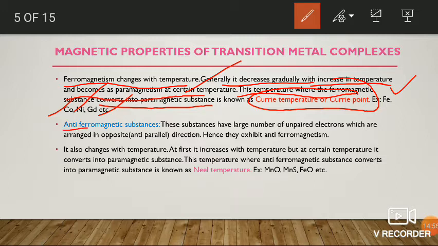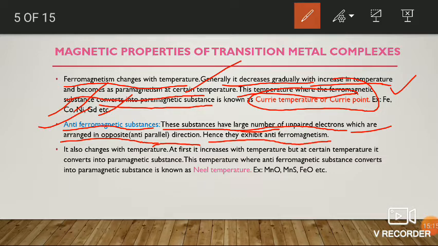Next, the fourth one is antiferromagnetic substances. These substances also have a large number of unpaired electrons, which are arranged in opposite or antiparallel directions. Hence, they exhibit antiferromagnetism. Here, anti indicates opposite.